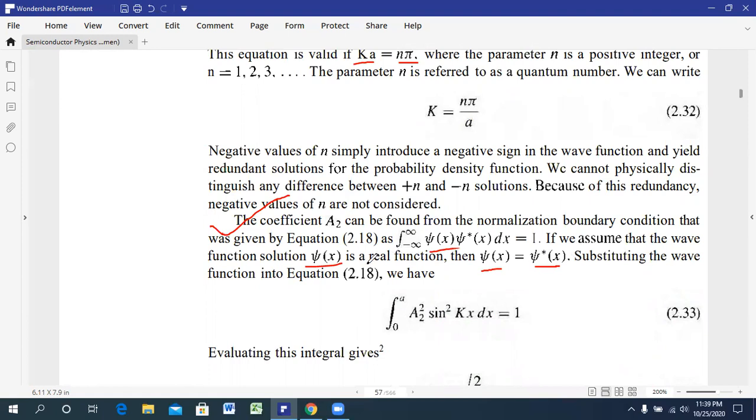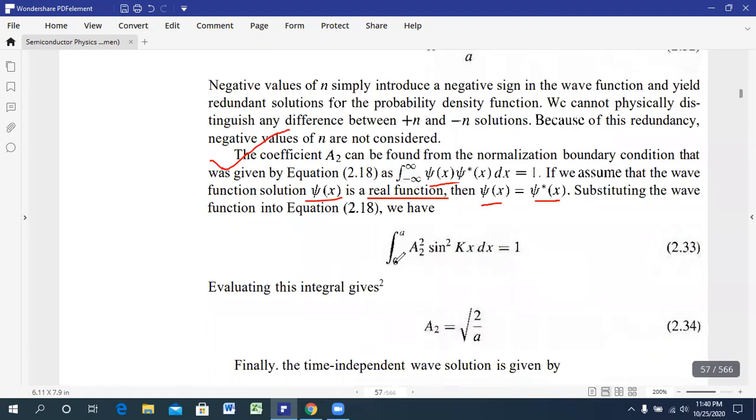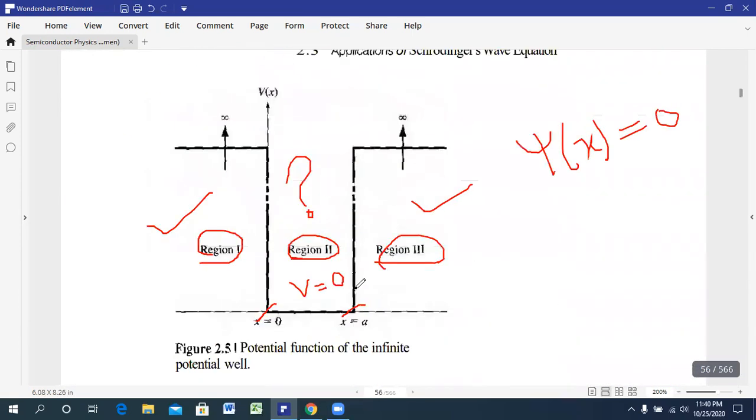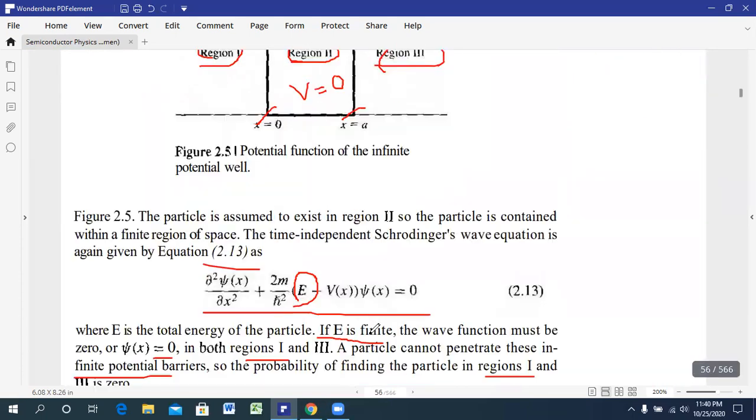If the function is a real function, then there will be no conjugate part, no minus j part. So we integrate from 0 to a, because we need to determine it only for region 2, that is, x equals 0 to x equals a.